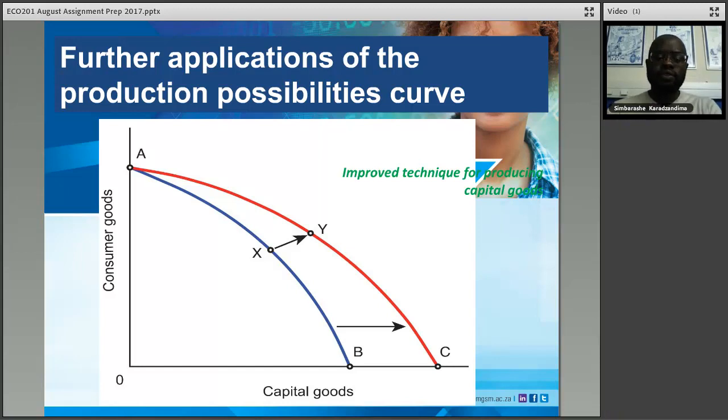Right? So in this case, we have our capital goods and our consumer goods. You can see that our original PPC is the blue PPC, which is AB. But the production of capital goods increases, right? So we move to a new PPC, which is AC. But what you can see from this PPC is the production of consumer goods remains the same, but the production of capital goods has increased.